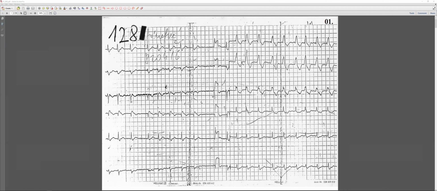Then we have to see the QRS complex. The QRS complex is not normal. What do you mean not normal? The QRS complex seems to be a bit elongated. So it's wider, yes.